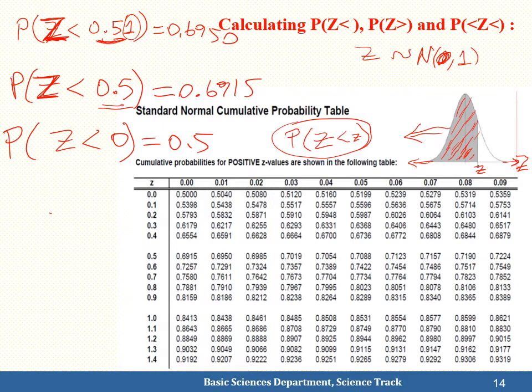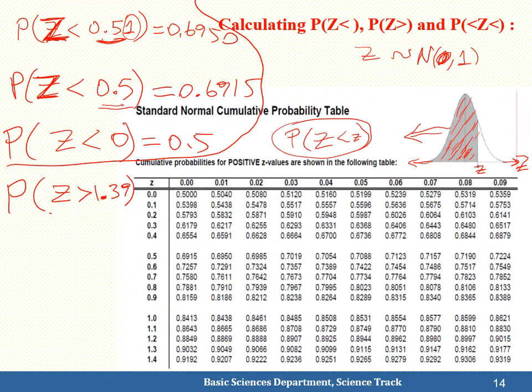Now let's try to find the other direction. So the probability that z is bigger than, let's say, 0.34. Let's not say this. Okay, let's say bigger than 1.39.